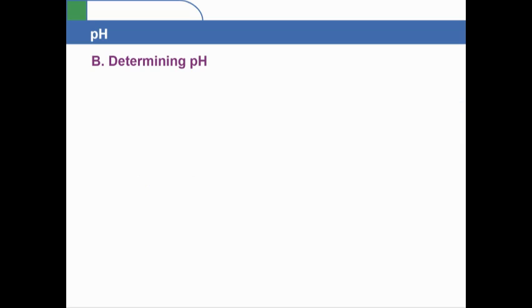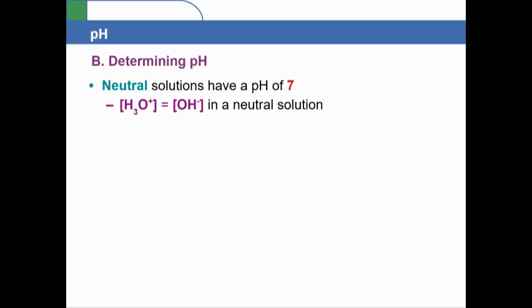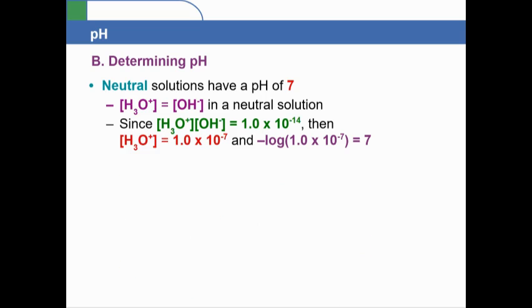Okay. Now, neutral solutions, of course, have a pH of 7, since the concentrations of hydroxide and hydronium are equal to each other, as I mentioned before. Basically, this is how you get the pH of 7.